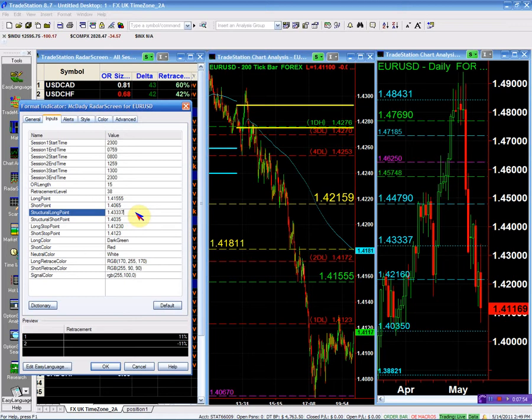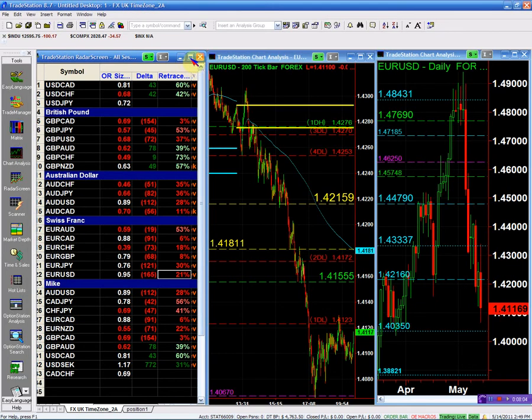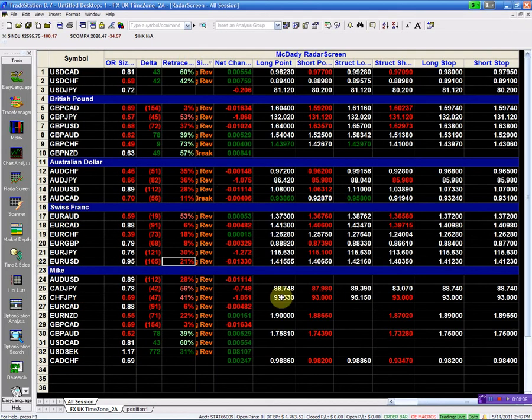142.16. So to wrap this, the euro, our bias is to the downside. I want to take it when it breaks the low at 140.65, and if it does, the next structure point is 30 pips away, and therefore it should lead.